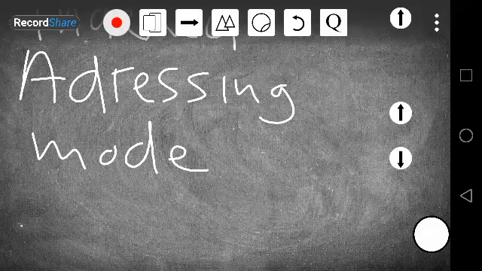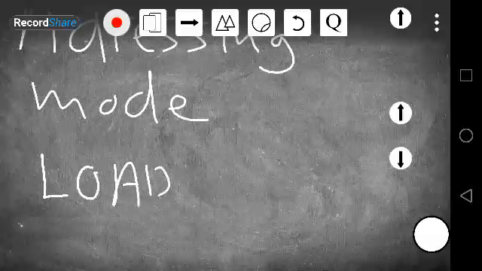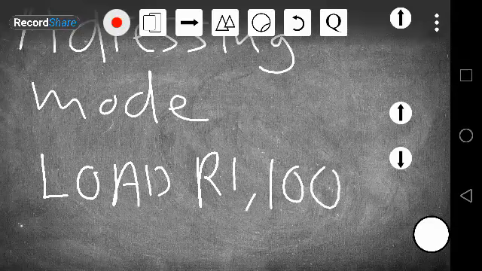For example, it can say load R1, 100. So we are simply saying add the contents of memory location 100 to the register R1, which is the index register.